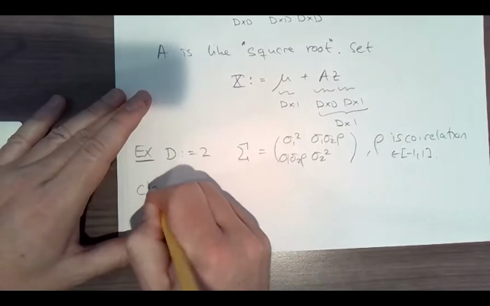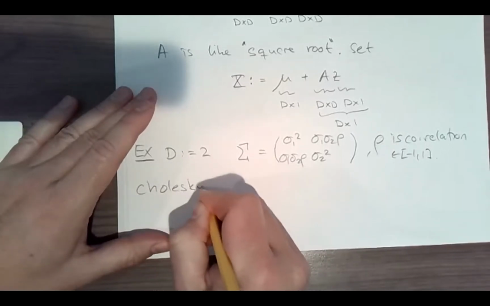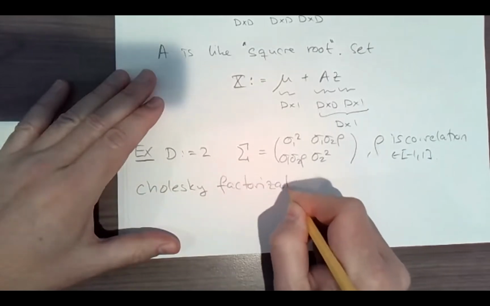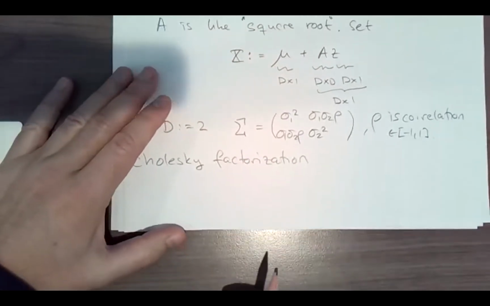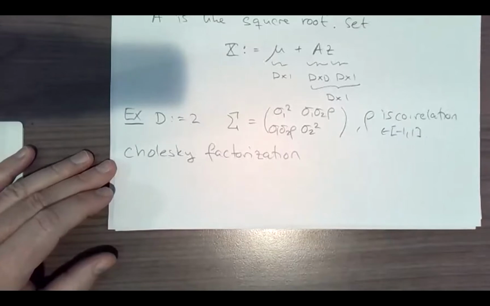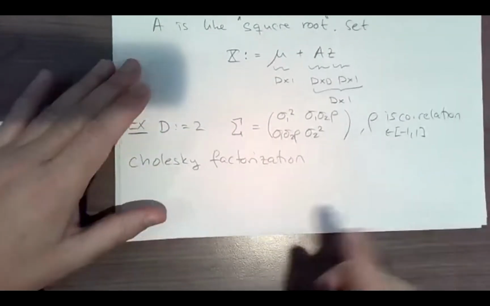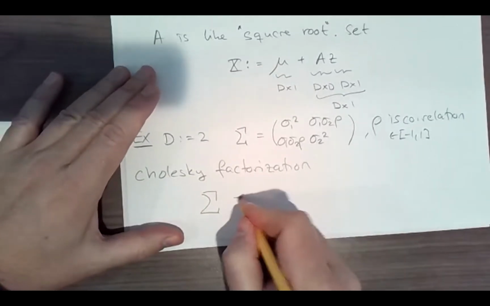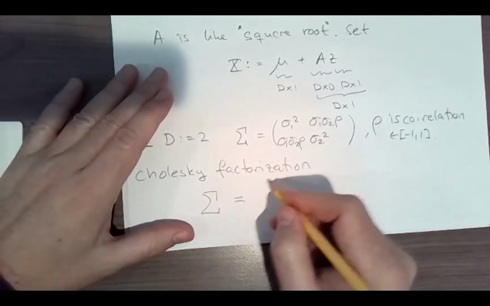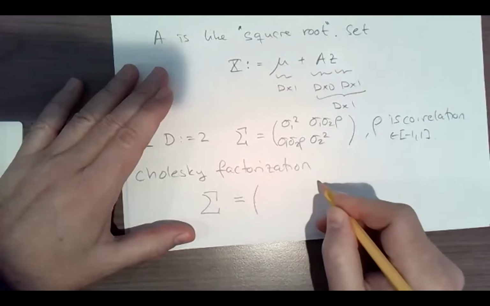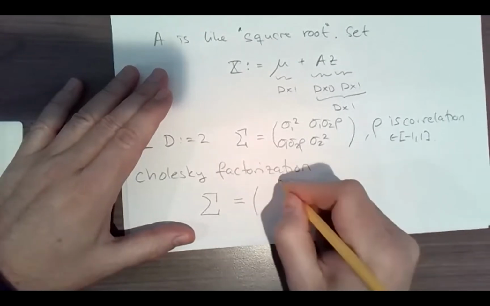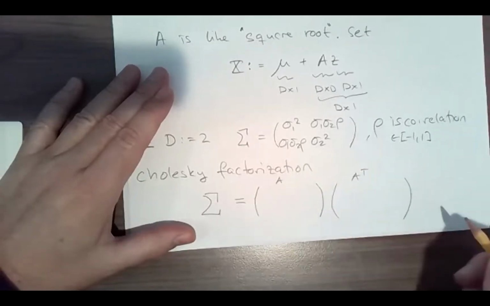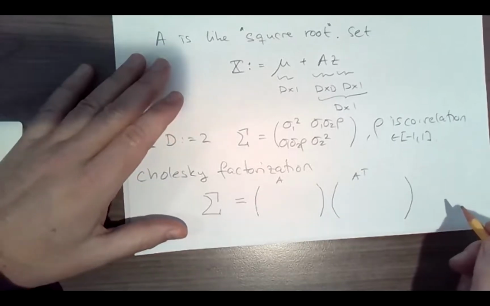There's something called a Cholesky factorization. The Cholesky factorization says you write sigma as a product of two matrices: this here is going to be your A, and this one here is going to be A transpose. What's special about the Cholesky factorization is that it has a triangular structure.